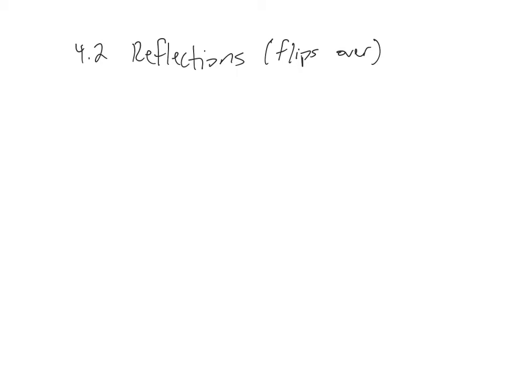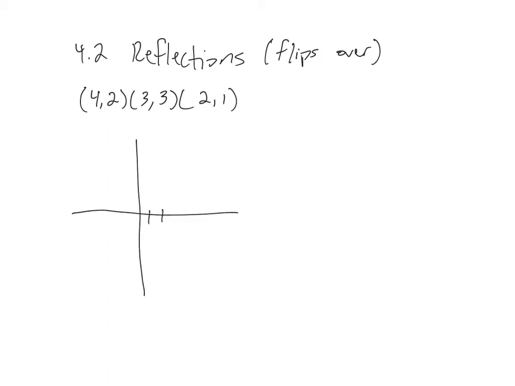let's say we had 4, 2, 3, 3, and 2, 1. So 4, 2 is there, 3, 3 is there, and 2, 1 is there.